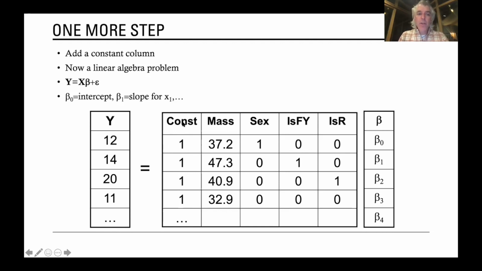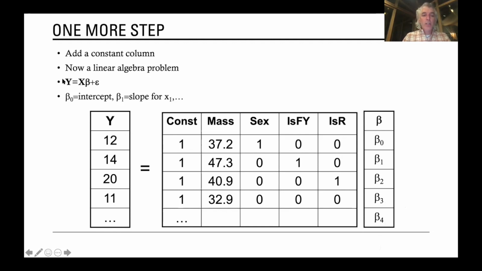And we can then use some matrix algebra to say that our vector of response observations is equal to this matrix of predictors, including our constant and our coded categorical variables, multiplied by this vector of parameters, including an intercept and an effect of each of the different predictors, whether they be categorical or continuous.